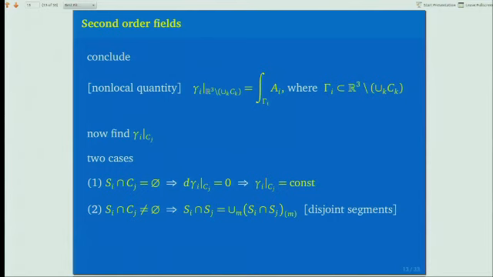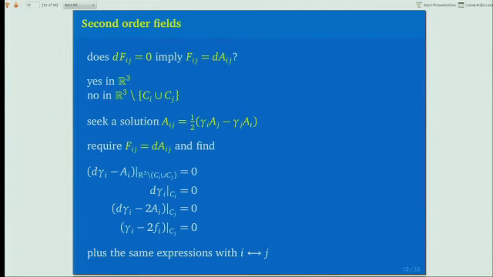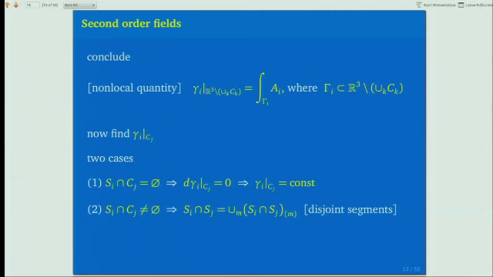And what remains to be found is the value of these gammas, not in the complement, but on the other curves. We will never need gamma i on ci, only gamma i on cj. And there are two cases to consider. I will show the picture in a second. If the intersection of surface i and curve cj is empty, then you can show that gamma is constant, from this equation. And if the intersection is not empty, you write this as a union of disjoint pieces.